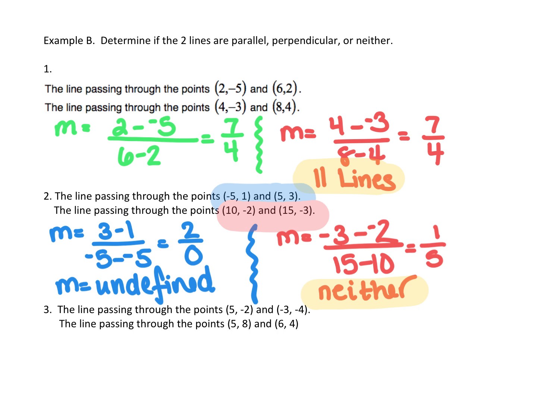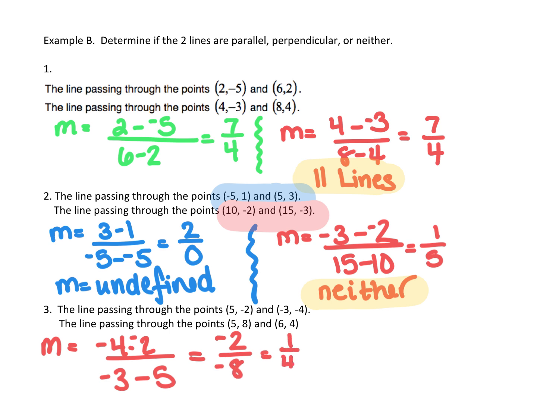And then number 3, again, you need to calculate your slope. I do -4 minus -2 over -3 minus 5. That gives me -2 over -8, which reduces to +1/4.